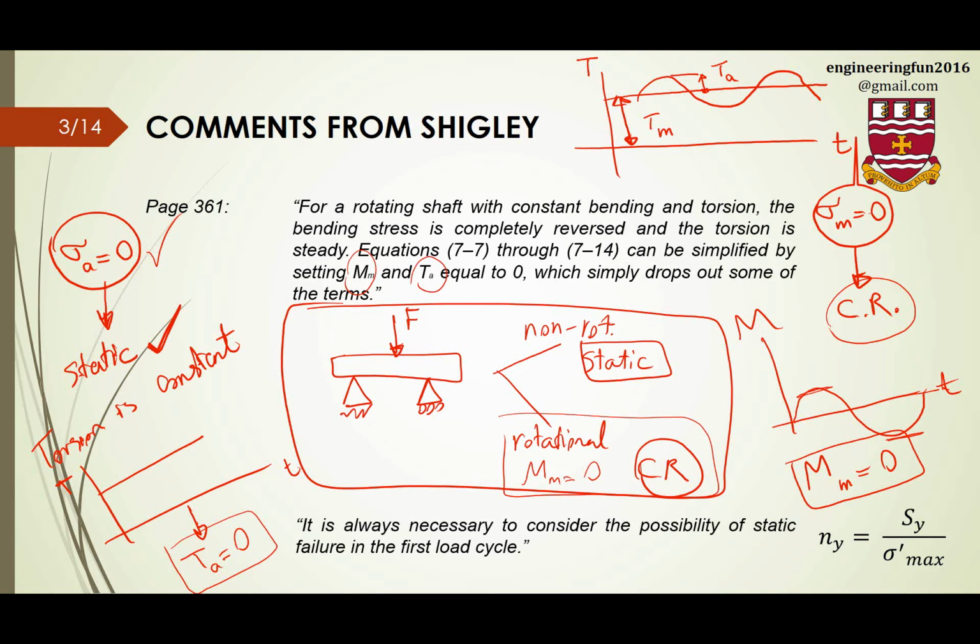It is always necessary to consider the possibility of static failure in the first load cycle, and we can find that possibility based on this equation. What it tries to say is, we said a couple of lectures ago that if we start loading from 0, if that's my FT diagram, in a static type of loading, we can increase load up to a point that failure happens, and this will be our strength of that material.